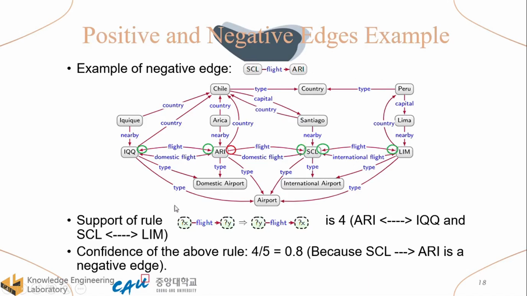So the support for the rule X flies to Y implies Y flies to X is 4 because we already have ARI and IQQ flying to each other and vice versa, and also fly from SCL to LIM and vice versa. And the confidence of the above rule is 4 divided by 5 because the SCL fly to ARI is a negative edge.